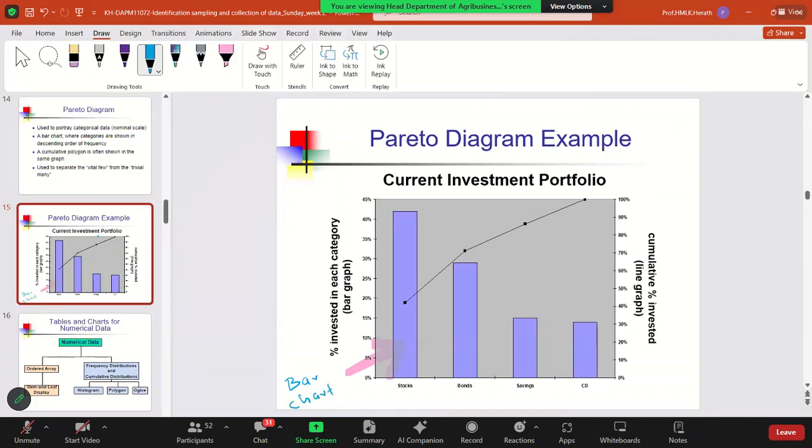We sometimes use the percentage or relative frequency or else frequency. Anything can be used on the y-axis.